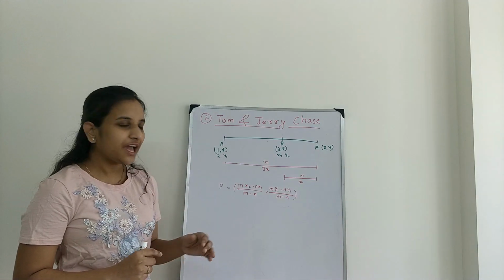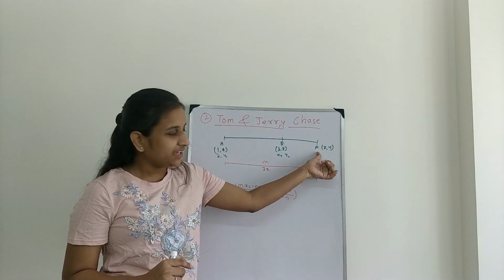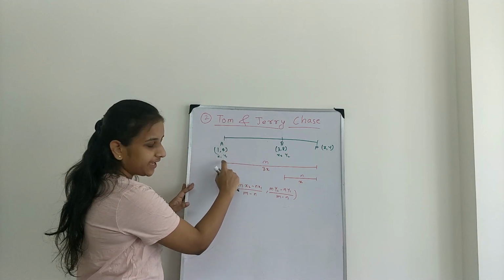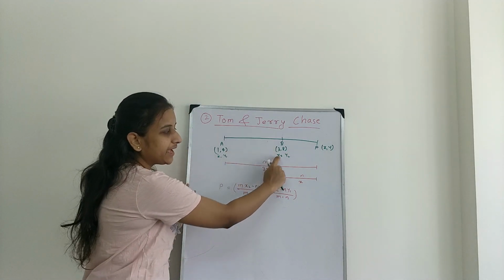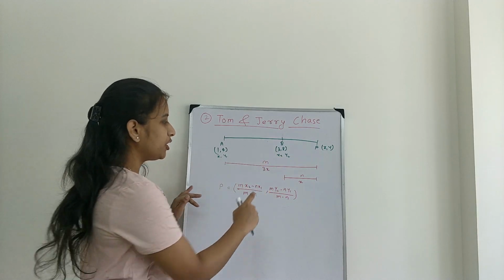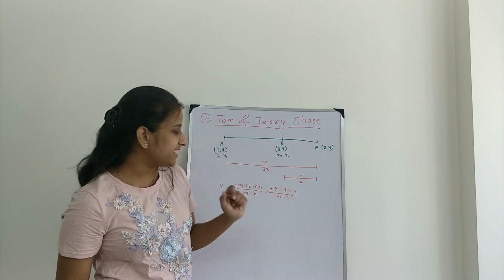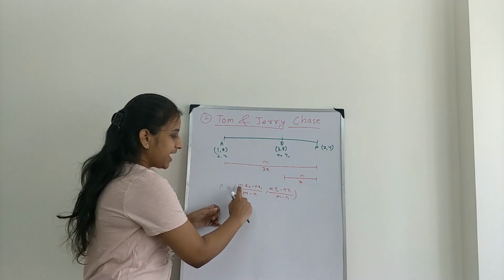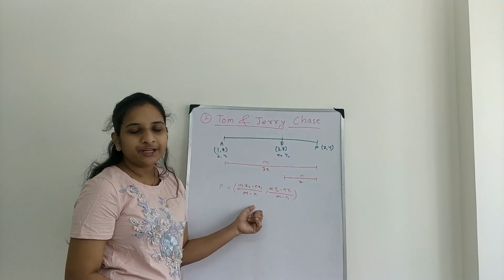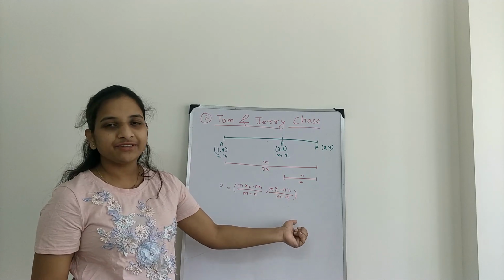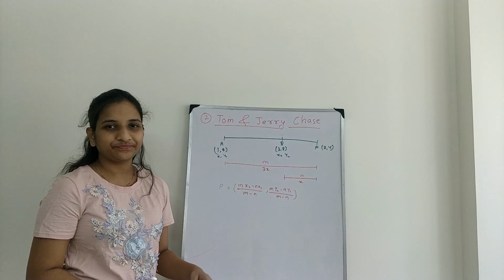Using section formula, coordinates of point P, which divides the line segment joining point A x1 y1 and point B x2 y2 in the ratio m:n externally is this: mx2 minus nx1 upon m minus n. Same for y coordinate, my2 minus ny1 upon m minus n.